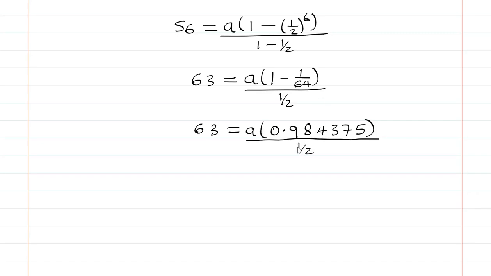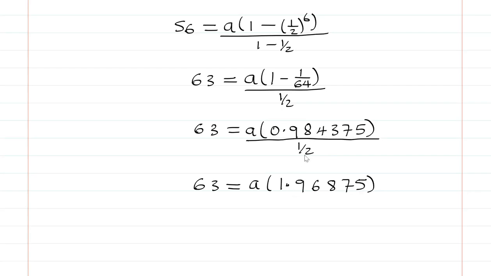Please know how to press your calculator well, keeping the brackets where necessary, because the calculator follows BODMAS. So on dividing this value by half, I am getting 63 equals A into 1.96875. It's just a matter of multiplying it by 2, in other words.